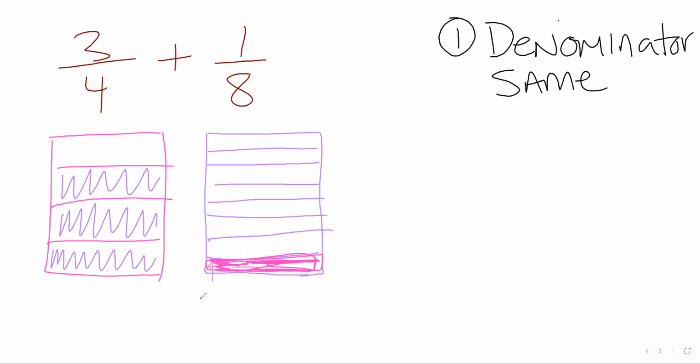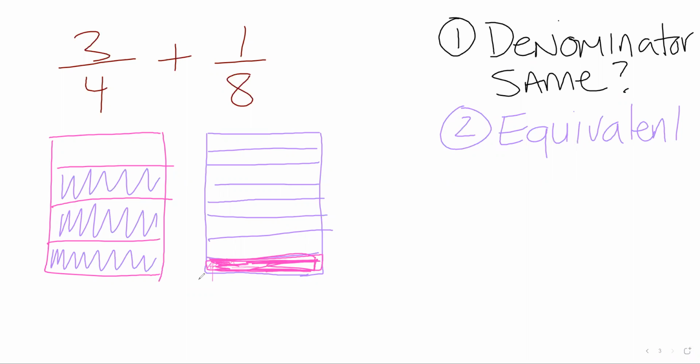That's always the first step. If they're the same, great. Slide it over and then add the numerators. But if they're not, what we have to do is make them the same. And how we do that is something we already know. It's the concept of equivalent fractions.